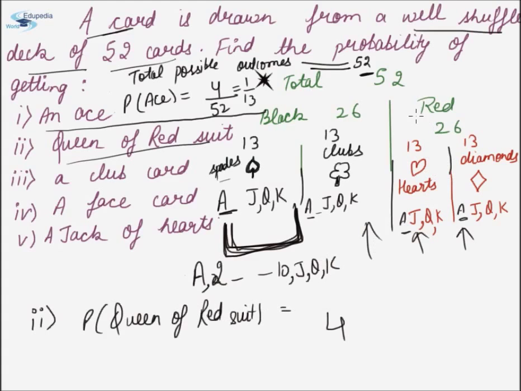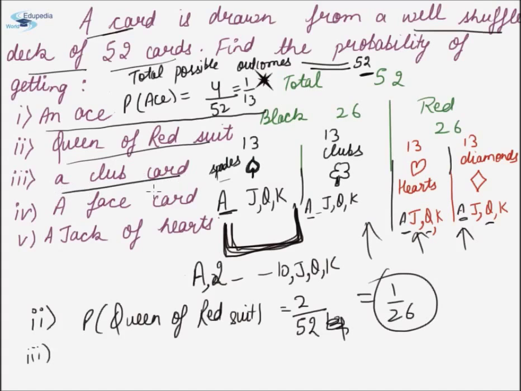Now for the second case, that is Queen of red suit. Friends, in red suit we have 2 queens. So the favorable outcomes are 2, whereas total possible outcomes are 52. Thus, the probability of the second case is 1 over 26. For the third case, that is a club card.